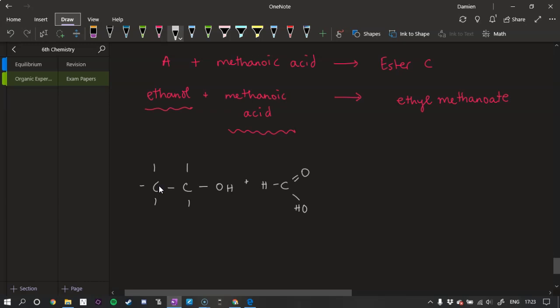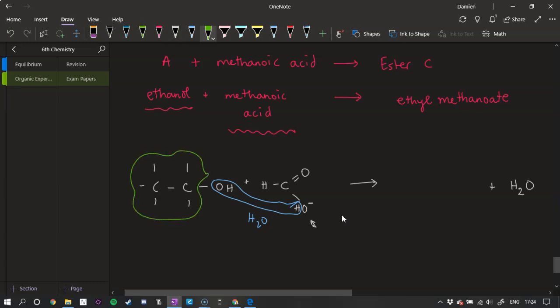And these two are going to be added together, and then they've got to produce... If we look at this, and this is why I put the H here, the H and the OH are going to form water, H2O. So we can write that over here, plus H2O. What's left is this oxygen here, which becomes O negative, and the rest of this molecule, which is essentially C2H5, joins onto the oxygen.